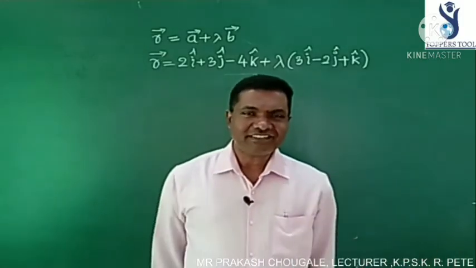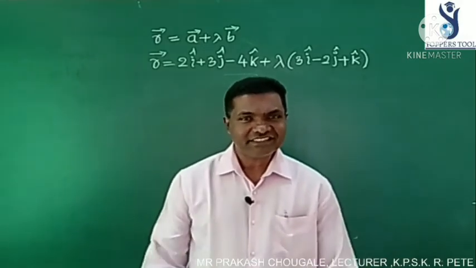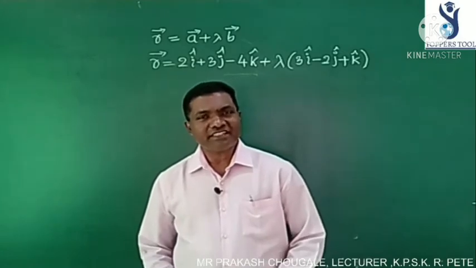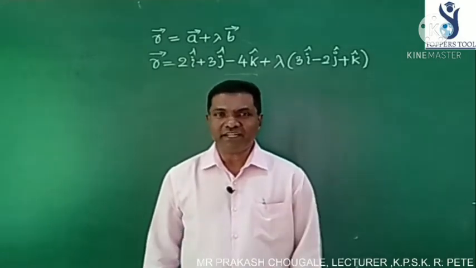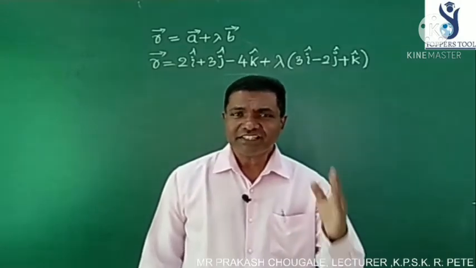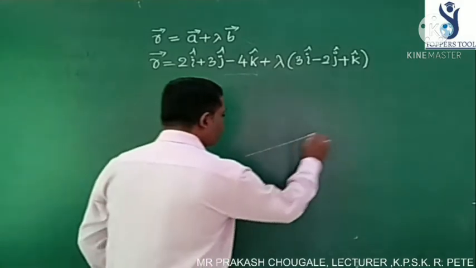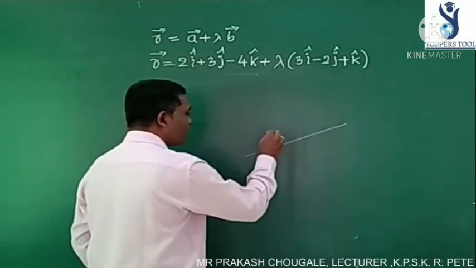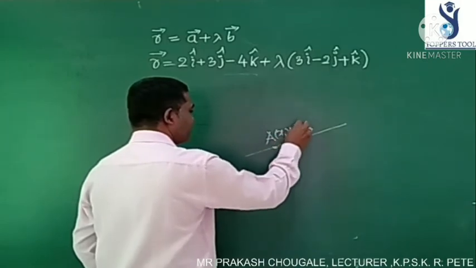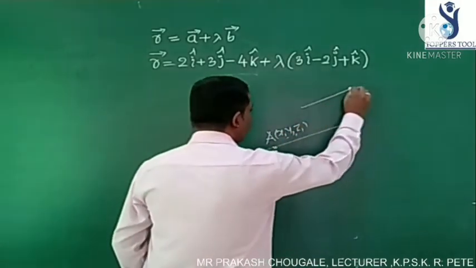Dear students, in the last two classes, we discussed how the equation of a line in space can be obtained, and we have obtained two equations. That is the equation of a line passing through a point A (x1, y1, z1) and parallel to a vector b.